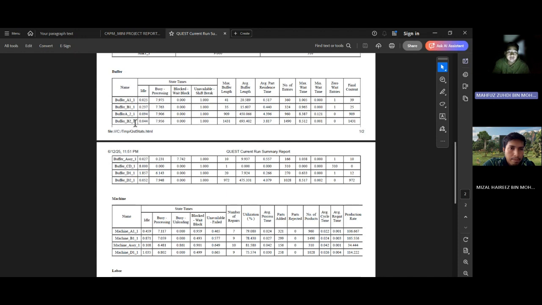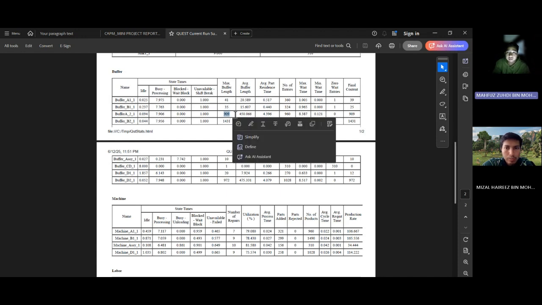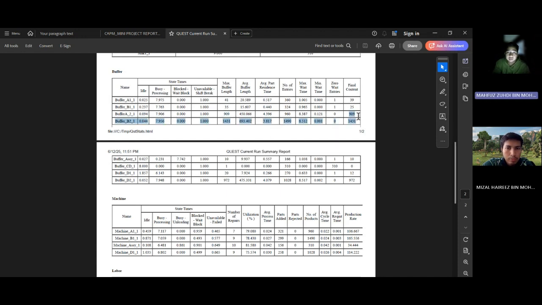At buffer A2, it shows 909 parts here. At B2, it is 1,431 parts, and at buffer D2 it is 972 parts. And at the assembly buffer it is only 10 parts. So this proves the poor synchronization in the system.